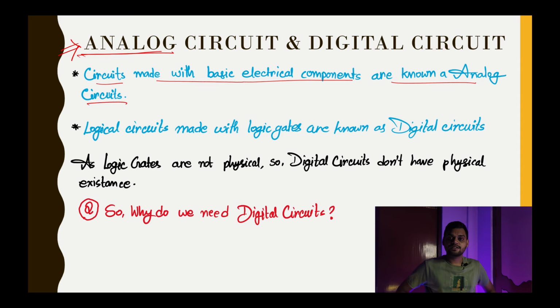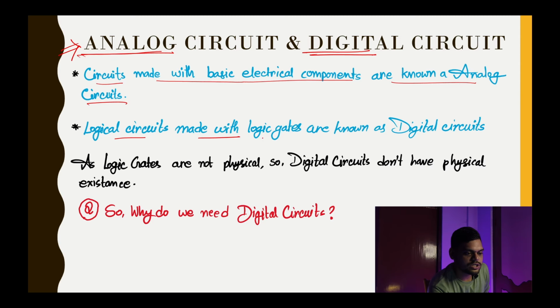Those are analog circuits. Every circuit is made up of basic electrical components like resistors, capacitors, inductors, diodes and transistors, all of them are analog circuits. Okay, now what is a digital circuit?